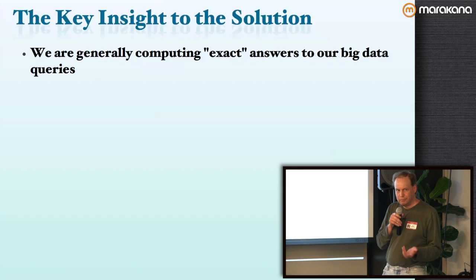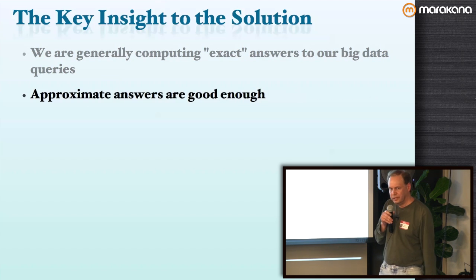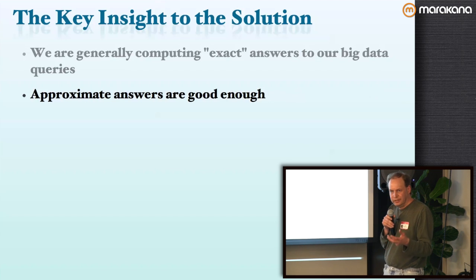There's a certain amount of error present in the data. So what's the point of computing this exact answer when statistically there's still going to be error present in whatever you compute? Most of the time, approximate answers are good enough. If we know our error is bounded by a certain amount, it's usually about what we got with our exact answer before. We're kind of hiding the fact that there was error involved.